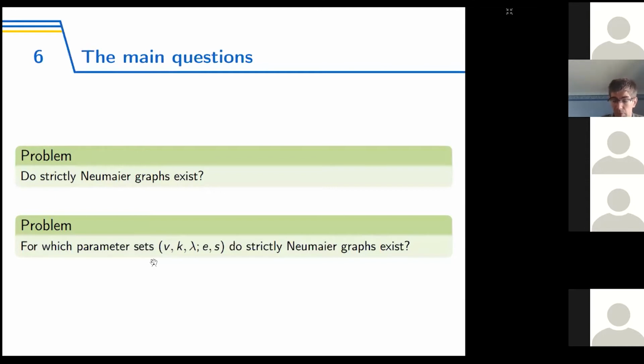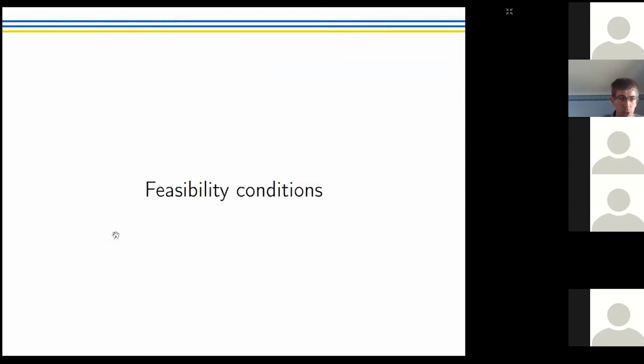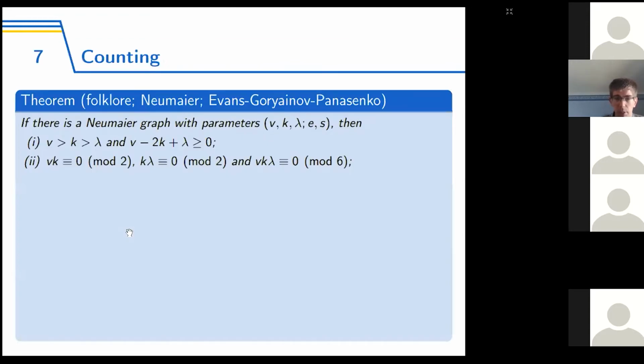As people in combinatorics and graph theory, what we like, what we're good at, is counting. And the first results are feasibility conditions: conditions on for which parameters you can indeed have such graphs.